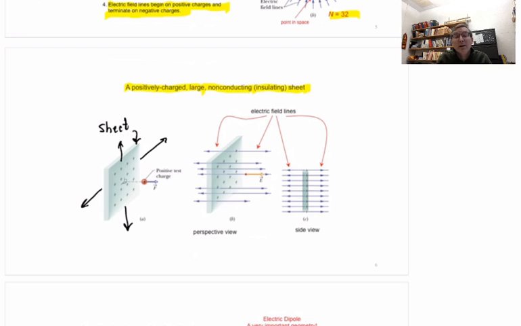What do the electric field lines look like for that? Okay, we're just going to tell you now. We'll explain later on how we know this is the result. But look at the picture in part B. Still the perspective view of the sheet. And I just see lines pointing to the right and to the left of the sheet, away from it, on either side, and just pointing straight away, perpendicular to the surface of the sheet.